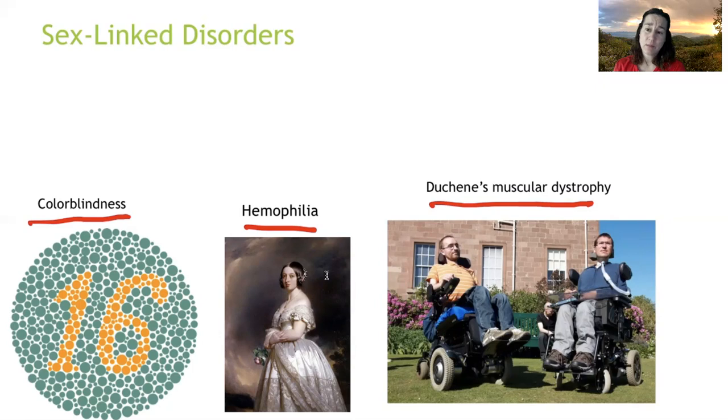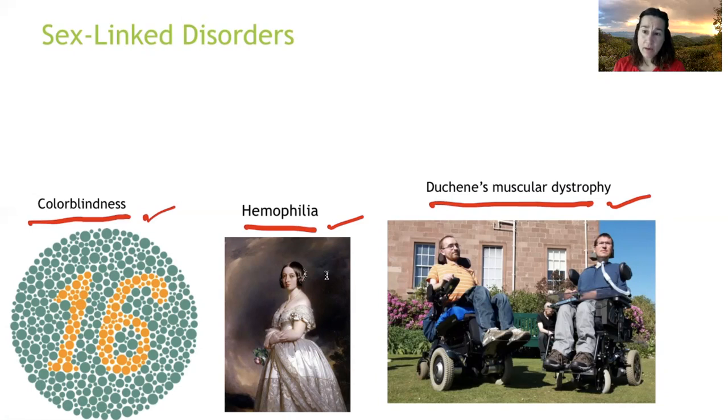So if mom is colorblind and she has a male child, he's going to get it. He doesn't have a choice. That is why we see these sex-linked disorders more often in males than females, because females have another X that can come along with the dominant gene and override that recessive trait. So these are sex-linked disorders. You are only looking at these specific ones, and they are found on the X chromosome.